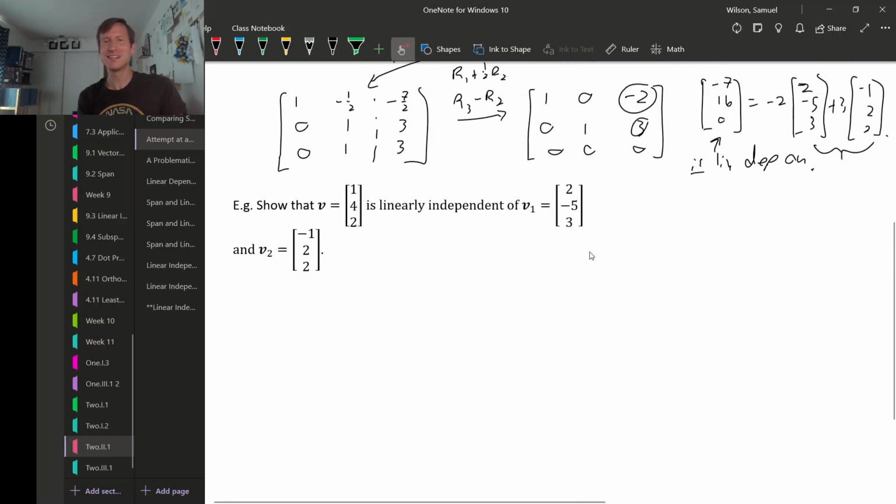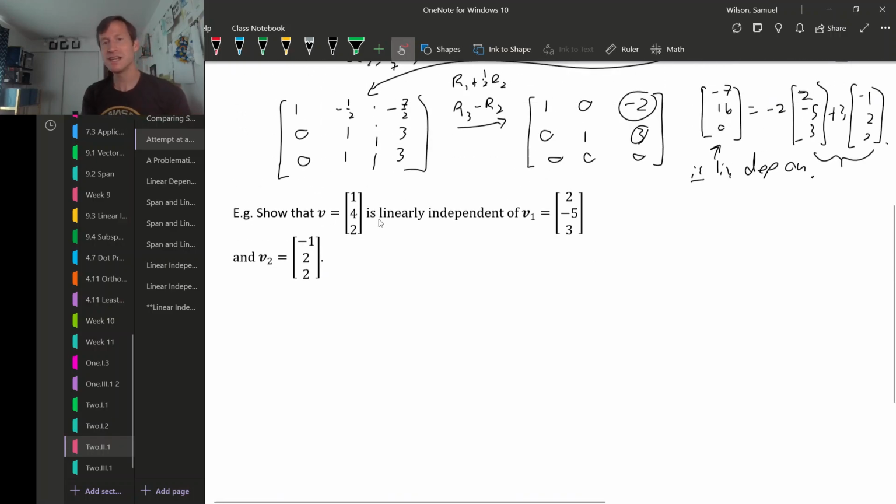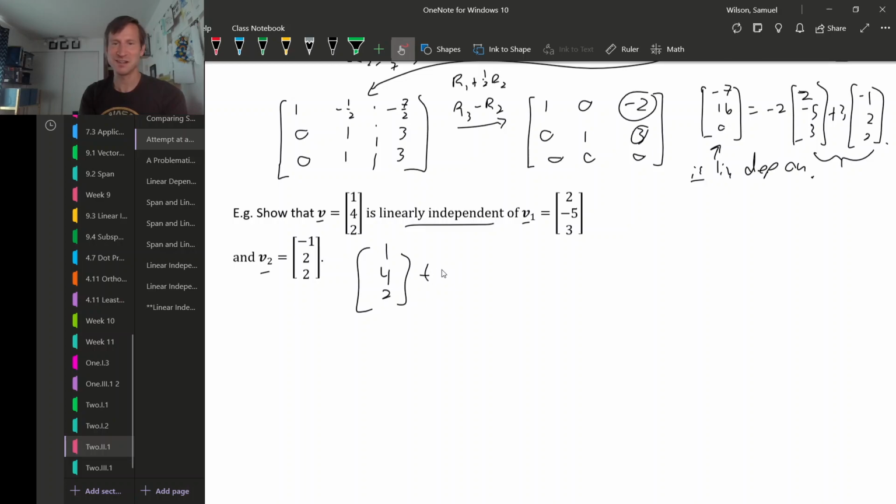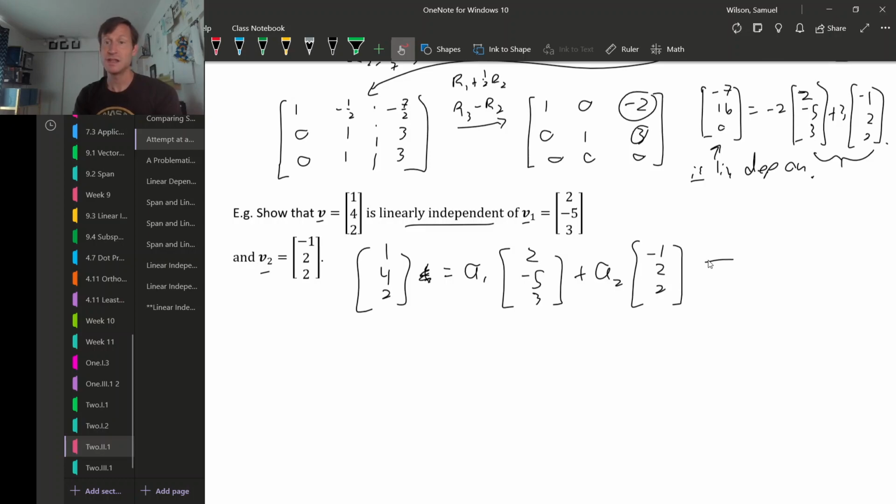What about showing that it's linearly independent? So remember, linear independence would mean that V cannot be written as a linear combination of these other two. So in other words, right, if we write this linear system that I hope by now you're kind of tired of watching me write, then if we're going to have linear independence, this should have no solutions, right?